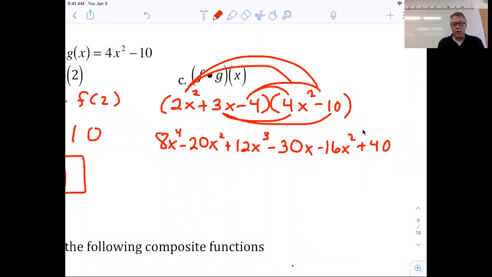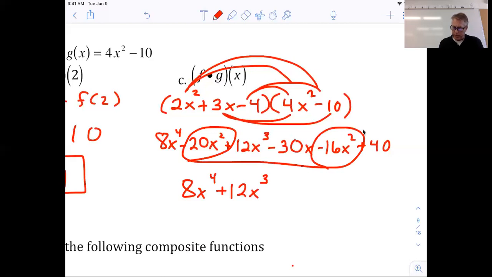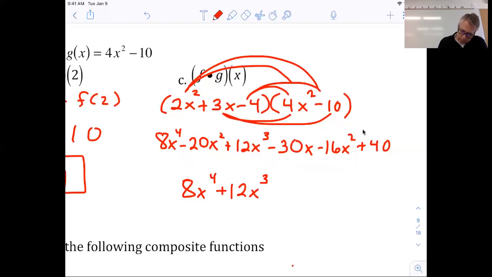And we want to combine our like terms and write in descending order. So we have 8x to the 4th plus 12x to the 3rd. And we have minus 20x squared and minus 16x squared is going to give us negative 36x squared.